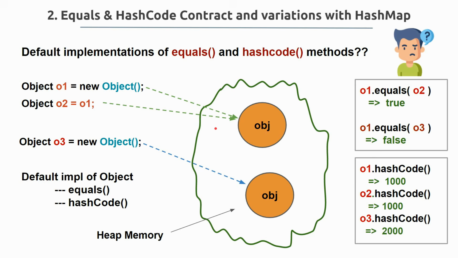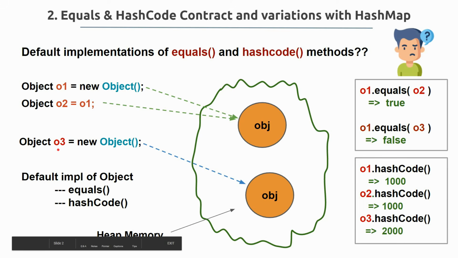For hashcode, the JVM will calculate the hashcode based on the memory address of an object. Objects are created inside heap memory and they will have some address, right? So based on that address, the JVM will calculate the hashcode. Here O1 and O2 are pointing to the same object, so obviously they will have the same hashcode. Suppose the hashcode of O1 is 1000, then the hashcode of O2 will also be 1000.